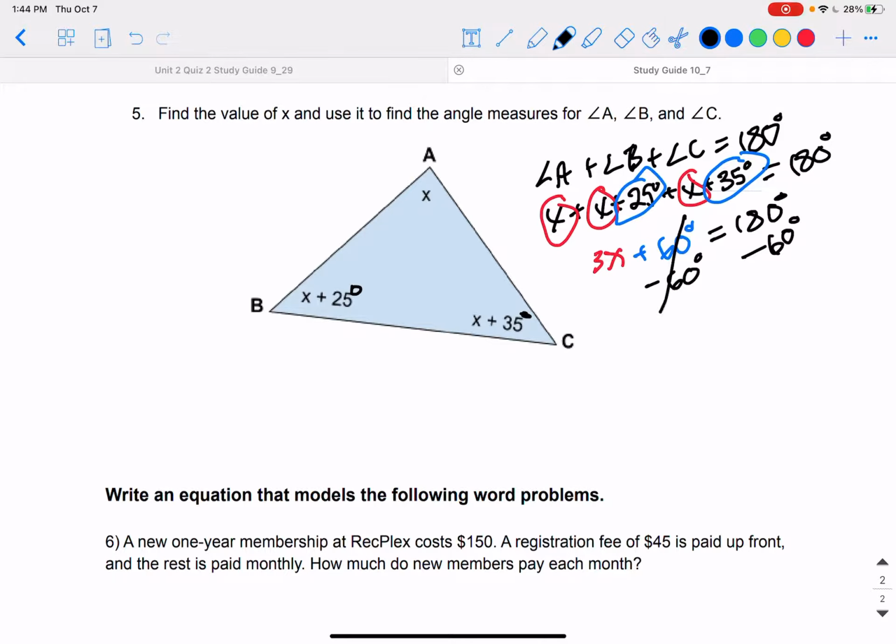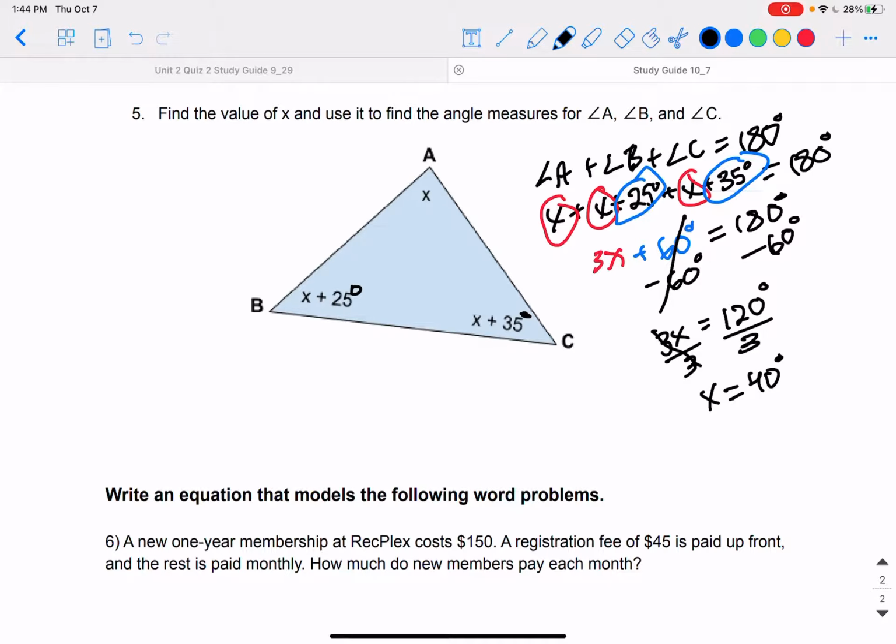These cancel. 3x equals 180 minus 60, which is 120 degrees. And now to get x by itself, divide both sides by 3. I know that 3 goes into 12 4 times, so 3 is going to go into 120 40 times. So x equals 40 degrees.